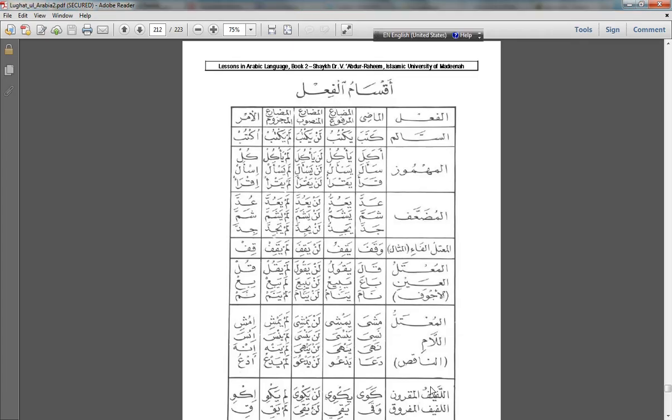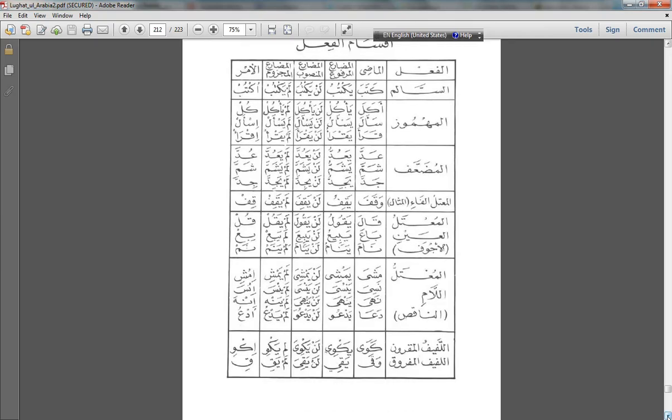Now skip to the Arabic version of that, and this is basically the same thing, except it's explained in the Arabic form. Fi'l madi, mudari marfu, mudari mansub, mudari majzoom, amr, and then Salim, we've just mentioned already.